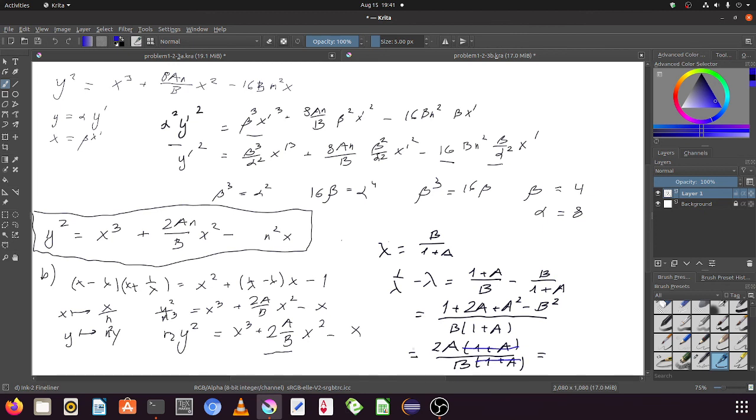Giving exactly 2a divided by b, which is what it should. So that solves problem 3b, and that's the end of section 2.